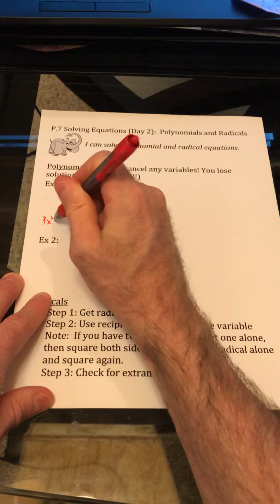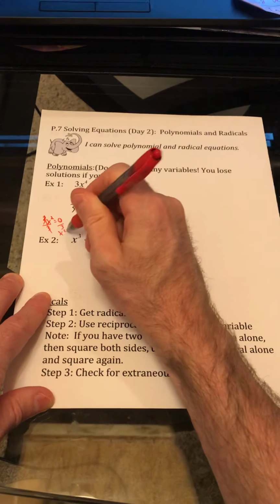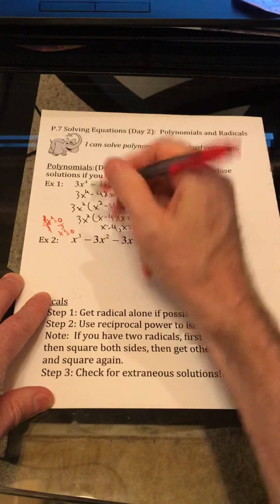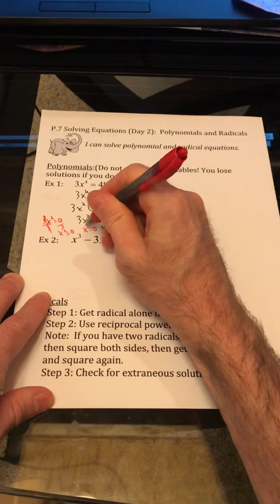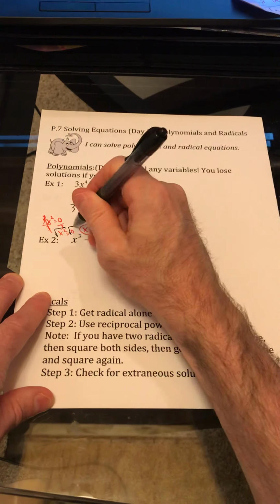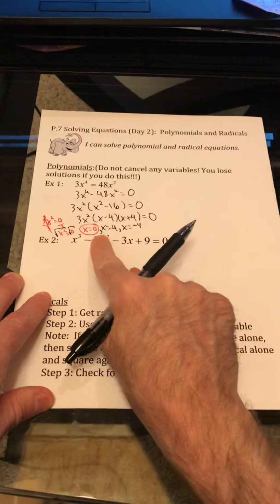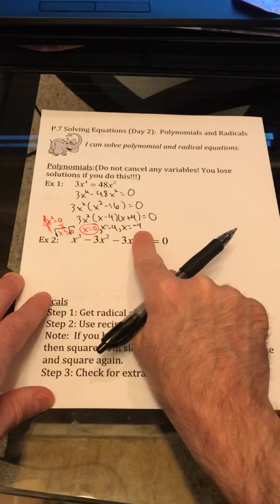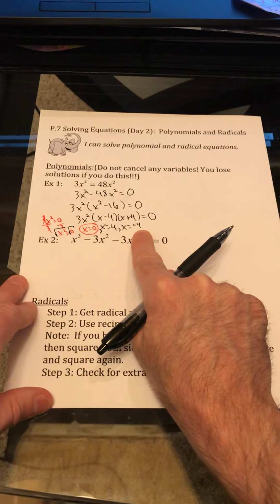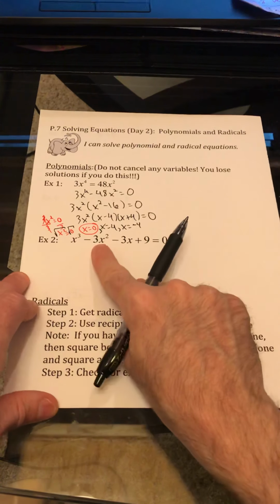So if you have 3x squared equals 0, divide by 3, and then x squared equals 0. So x is 0 because you would, in theory, take the square root. So you do end up with 3 answers: 0, 4, and negative 4. So that's one form of a polynomial.